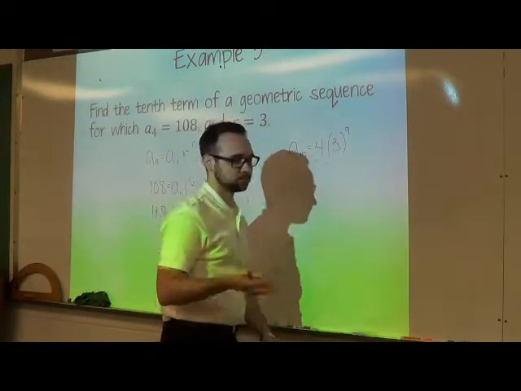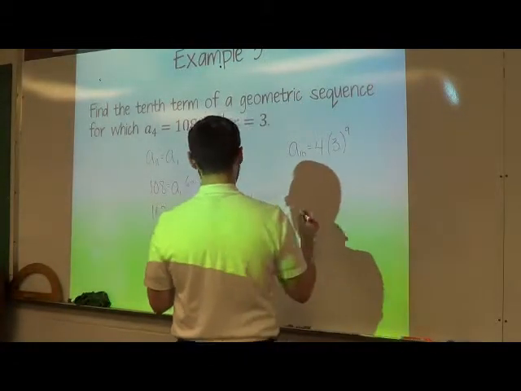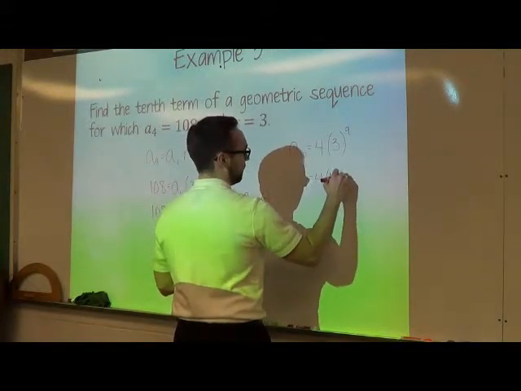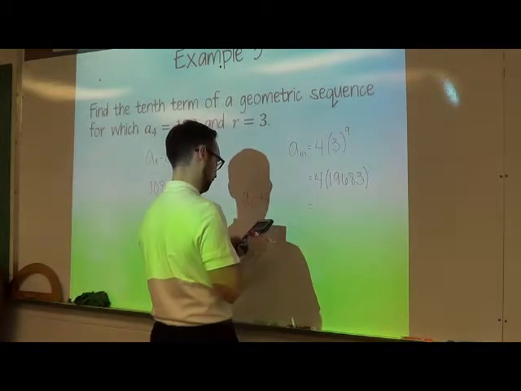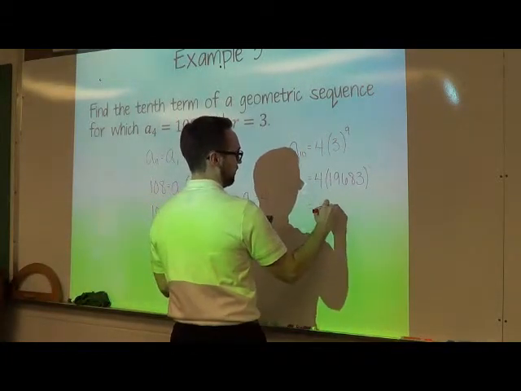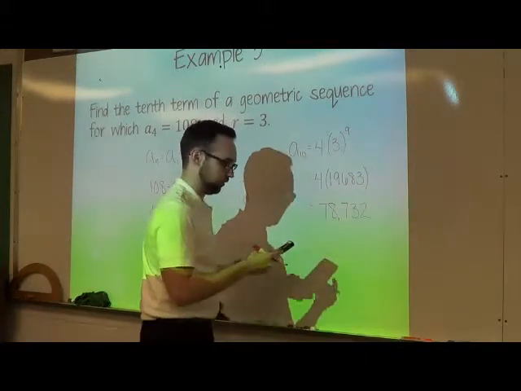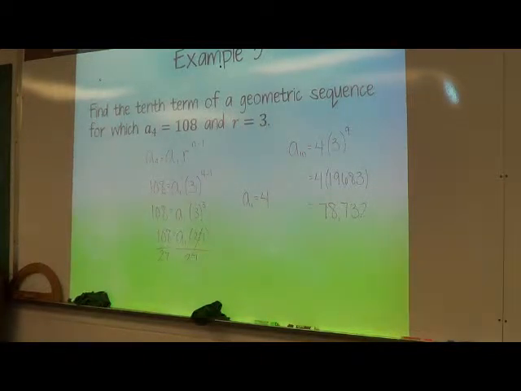Now I'm not going to sit here and figure out what 3 to the 9th power is, which is what your calculator is for. So 3 to the 9th is 19,683, and then we multiply that by 4. So our final answer is 78,732, the 10th term of that geometric sequence.